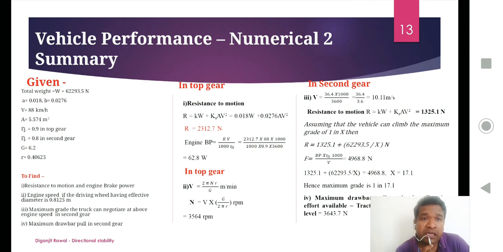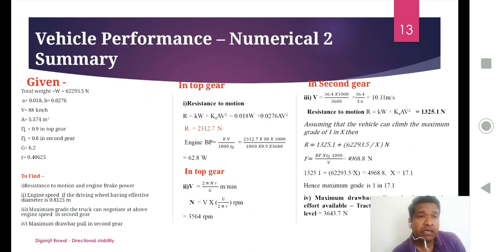So in top gear we calculate the value of R, we calculate the value of engine brake power, and then in top gear we find the value of capital N. Again, for the third and fourth calculations in second gear, we have to find the value of V in second gear.